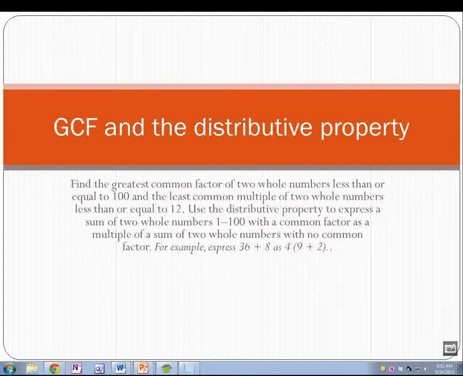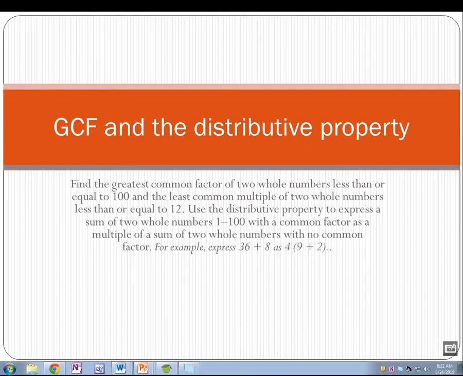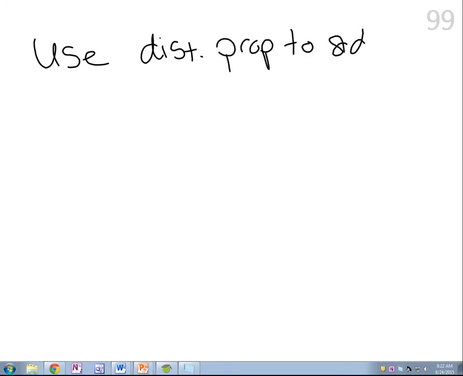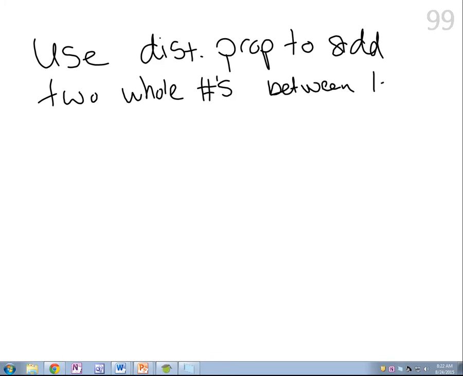So use distributive property to add two whole numbers between 1 and 100.